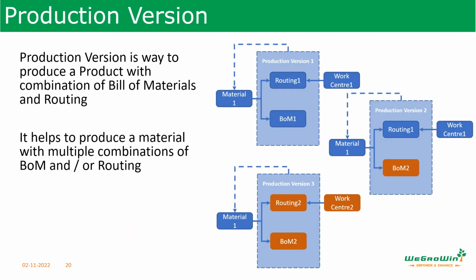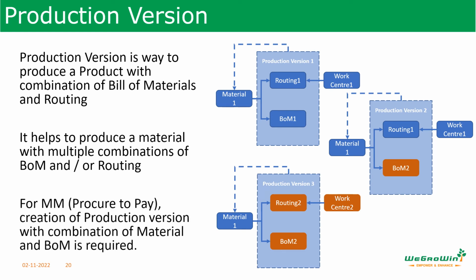Actually, production version is the combination of BOM and routing for a particular material. For example, one material may have two bills of material produced through one routing, so there are two production versions. Or one bill of material can be produced through two routings, so there will be another two production versions. Examples are shown here. So with a different combination of bill of material and routing for the same material, we can have different production versions.